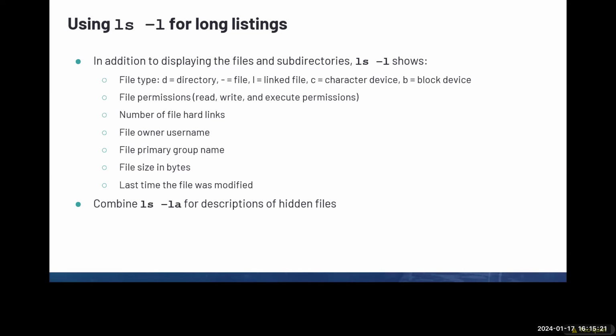You will see when typing ls -l the file permissions: read, write, and execute permissions. We will learn about permissions soon. Also, you see the number of file hard links, the file owner username, the file primary group name, the file size in bytes, and the last time the file was modified. Now, if you want to combine ls -l -a, that gives a description of hidden files.